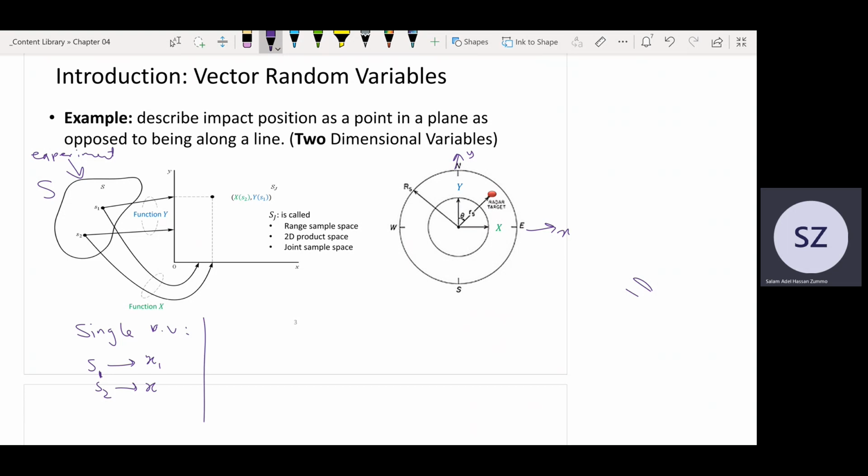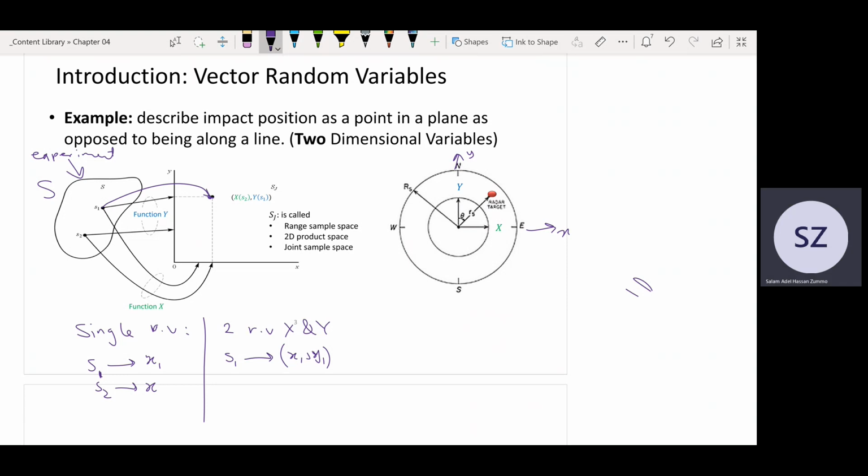In multiple random variables, for example, two random variables X and Y, S1 will be mapped not into a specific value on the real line. No, it will be mapped into an ordered pair, X1 and Y1. So basically, instead of mapping onto only X, S1 is mapped into a point.